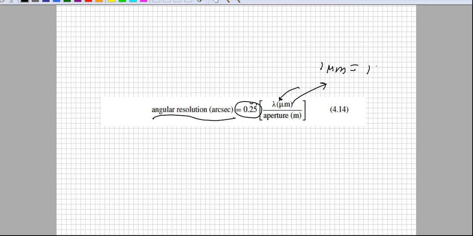Remember, 1 micrometer is 10 to the minus 6th meters. So if you've got your wavelength in nanometers or meters, you have to convert it to micrometers before you use this equation. Happily, the aperture can be inserted in meters, and when you do that, multiply by 0.25, the angular resolution comes out in arc seconds.